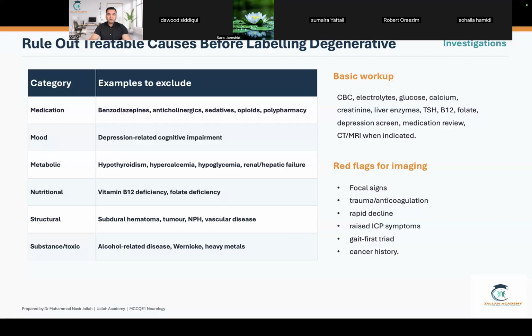Okay. So, mood, depression related cognitive impairment. Remember that depression is also causing memory issues. How do we differentiate the dementia which is caused by depression from the major neurocognitive disorder, which is due to degeneration or Alzheimer's? So, for depression, the memory issue happens later.